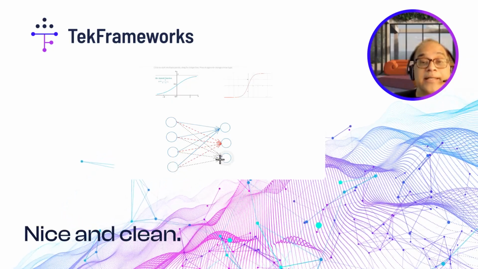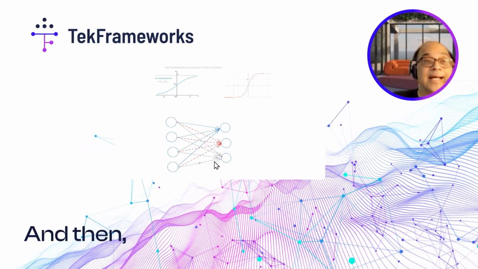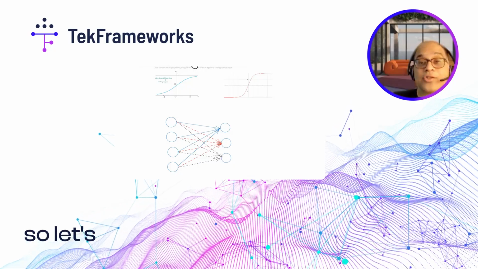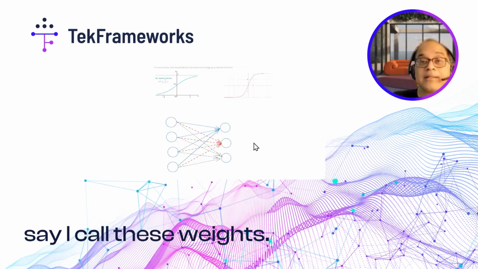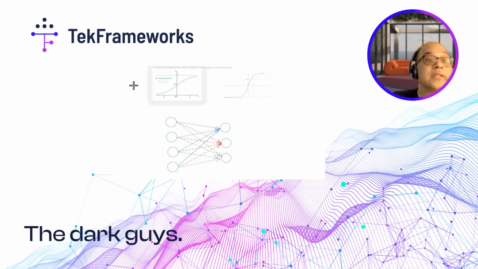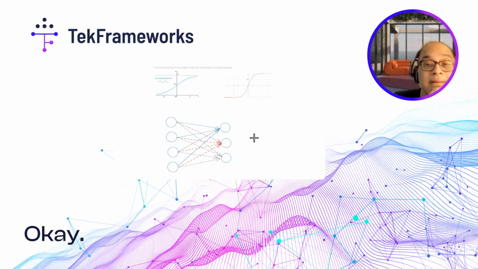Nice and clean. I call the first weights W1, W2, W3, W4, and then let's say I call these weights the dark guys.